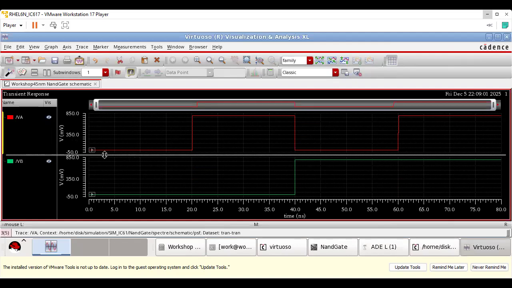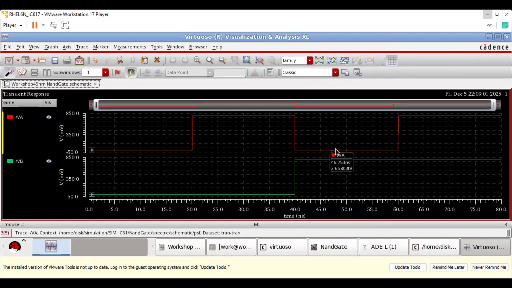So VB is 0 for 20 nanoseconds, 1 for 20 nanoseconds, 0 for 20 nanoseconds, 1 for 20 nanoseconds, means 0, 1, 0, 1. And what is this? 0 for 20 nanoseconds, again 0 for 20 nanoseconds, 1 for 20 nanoseconds, 1 for 20 nanoseconds. So what does it mean?